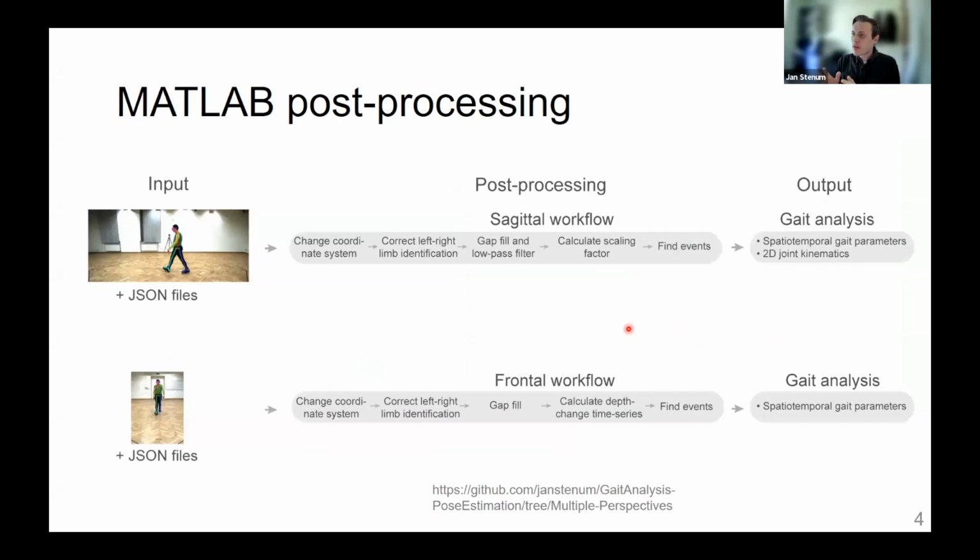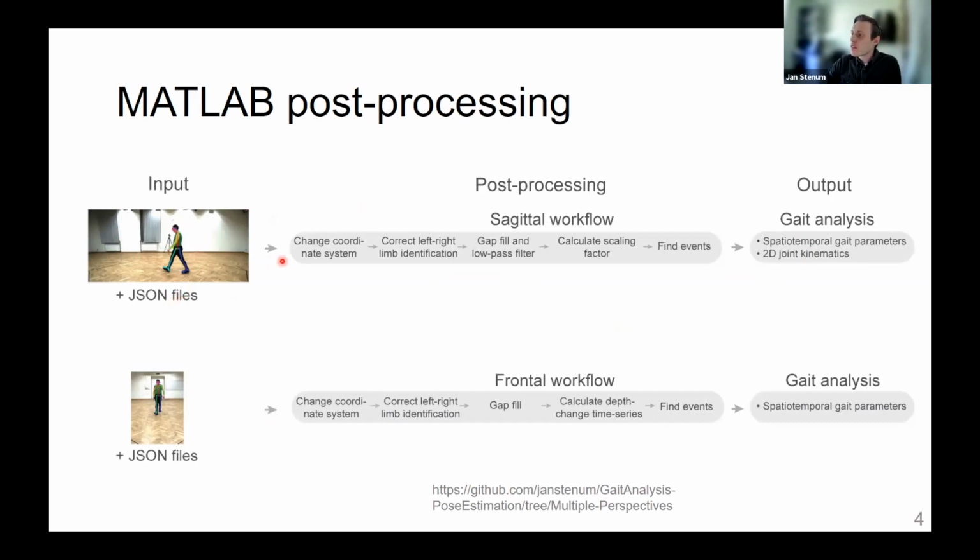The last step here is two different MATLAB workflows that we have developed. I should say that they are independent, so you don't need both videos to run this analysis. They both take as input the output from OpenPose. So that would be the video with the skeleton overlaid, plus all of the JSON files.